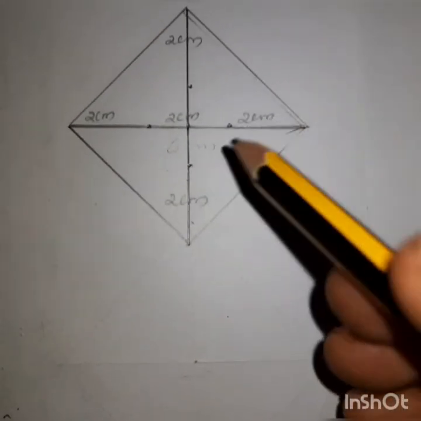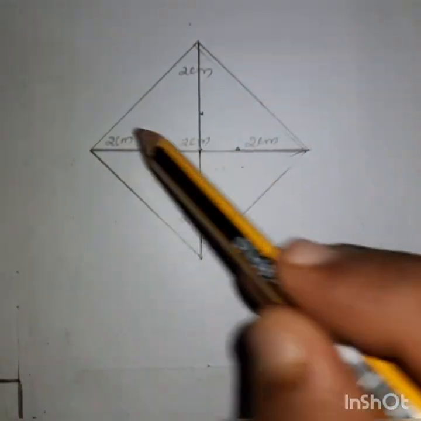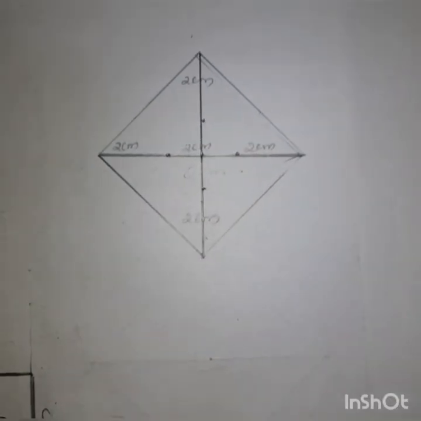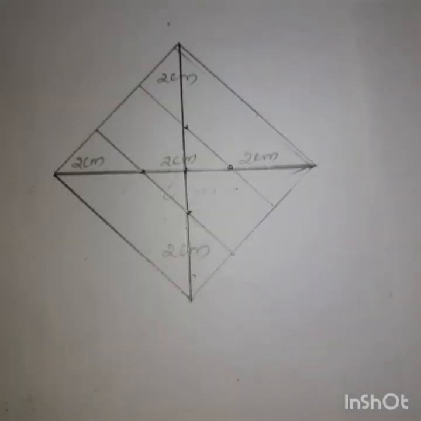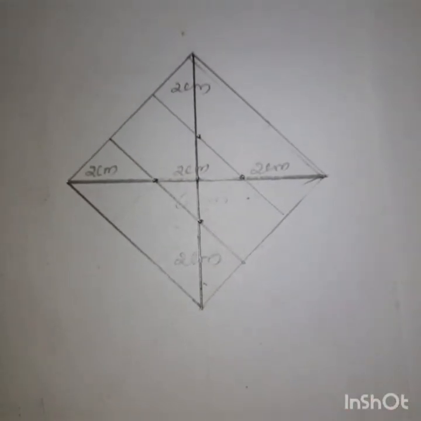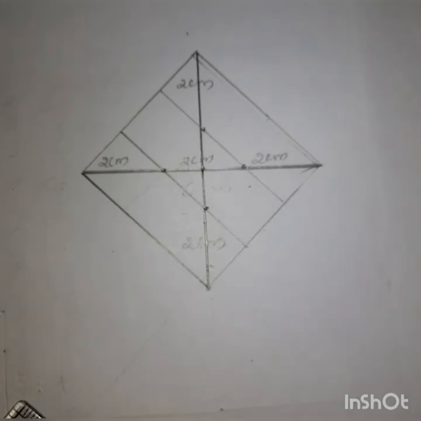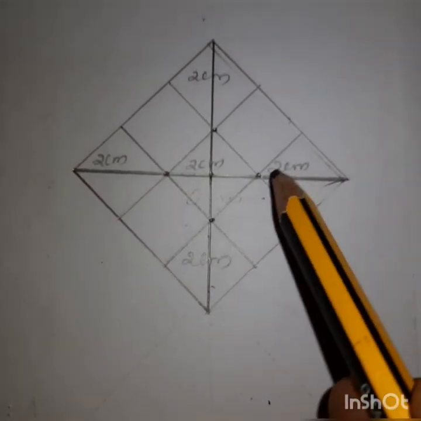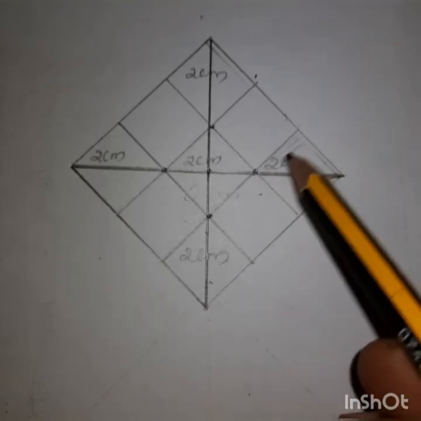Next, you have to join these lines like this. Join the lines. You see, the opposite lines will be joined on this side also. Then which is the pattern we need, that you have to shade it out.